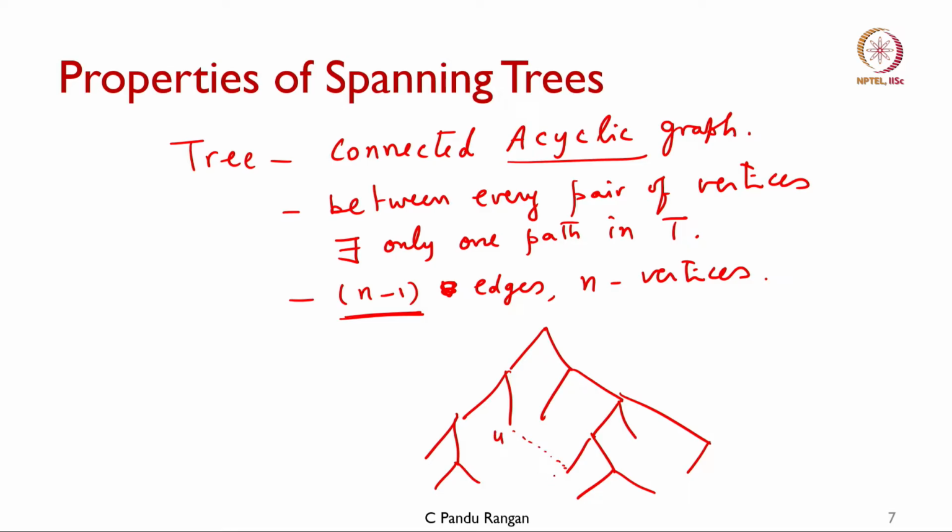This is U, this is V, let us say. Between U and V there is a unique path. That path plus this edge is going to form a cycle. In general, if there is a path and if you add an edge, it forms a cycle. So, here is a cycle.